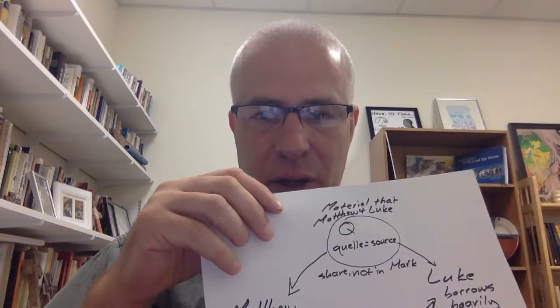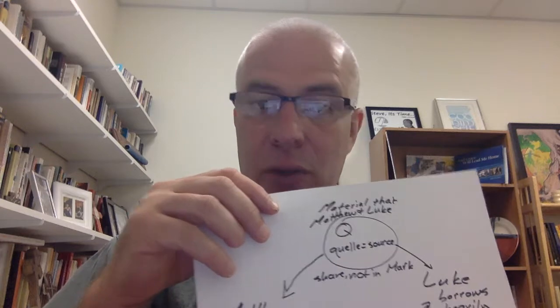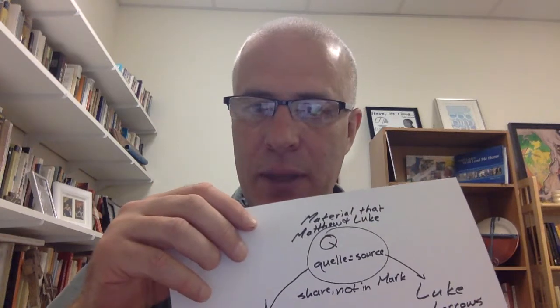And Q comes from the German word quell, as noted here in the drawing. Q, quell equals source. So this idea was first thought of by German scholars. And so quell is a German word for source.